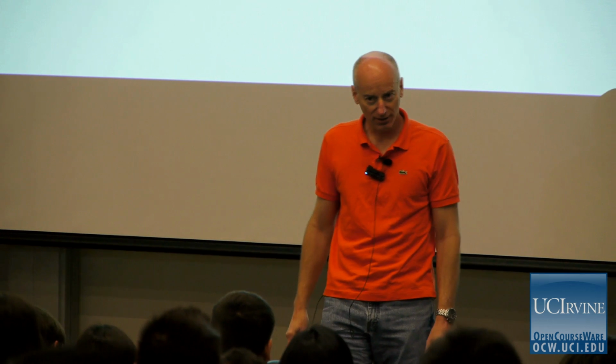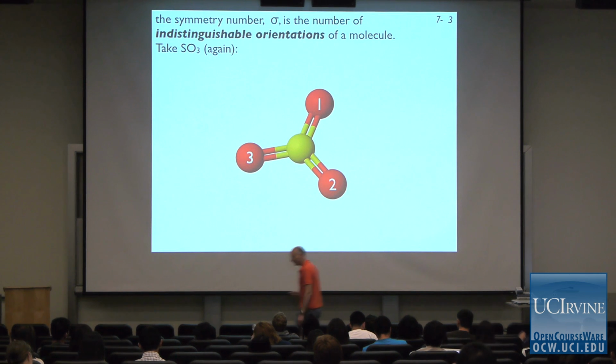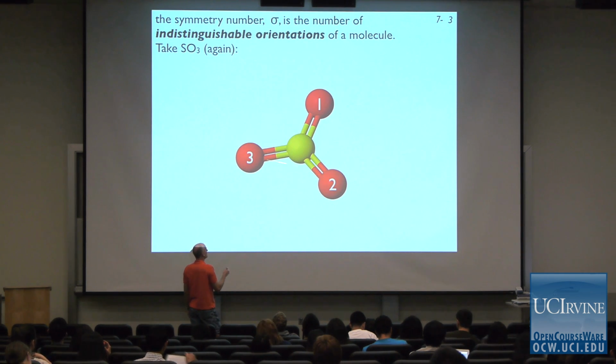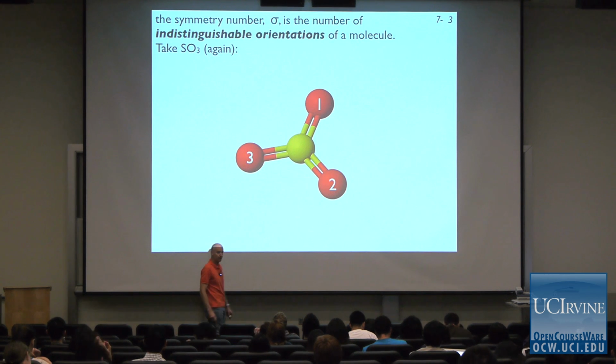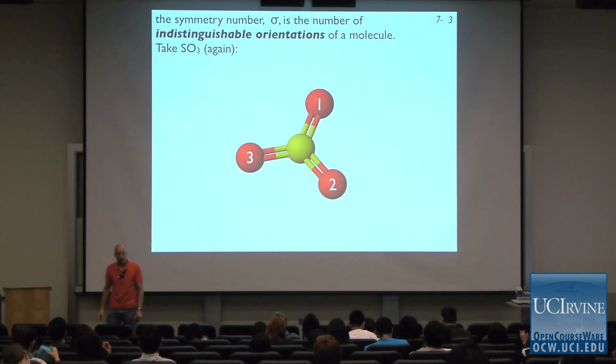orientations there are. For example, SO3 is a molecule we talked about on Friday. Now I've taken it and I've labeled the oxygens so we can keep track of them. Let's figure out what the symmetry number is for SO3.